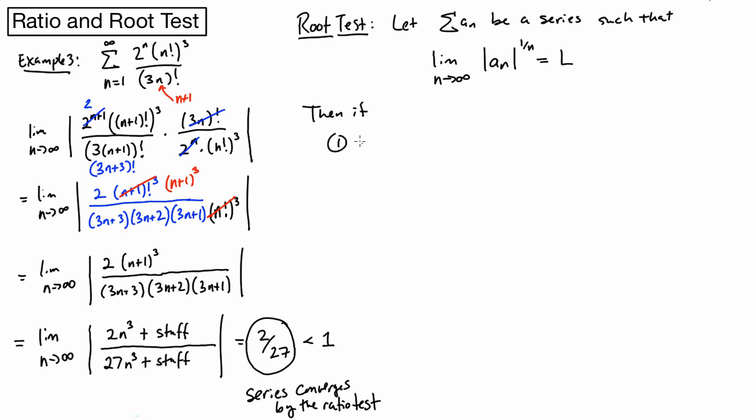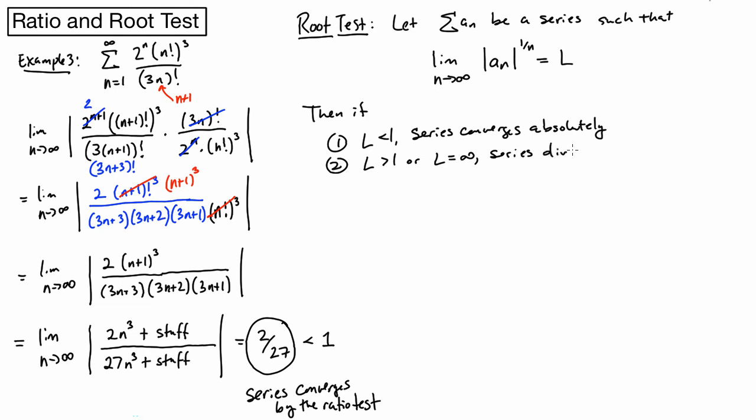The first case is if L is less than 1, the series converges absolutely. If the limit is greater than 1 or equal to infinity, then the series diverges.